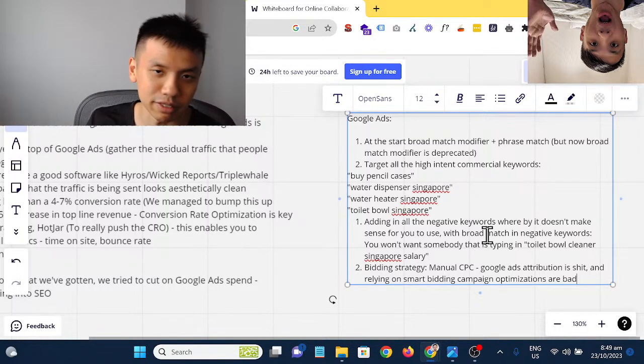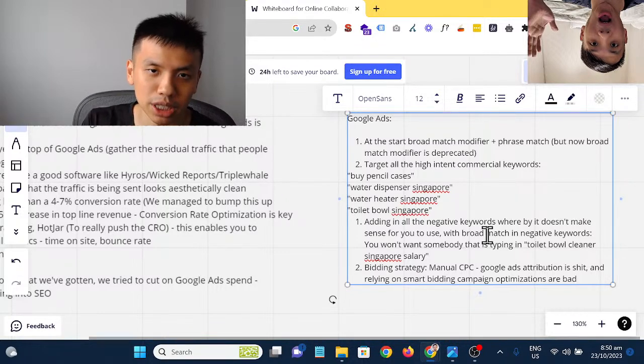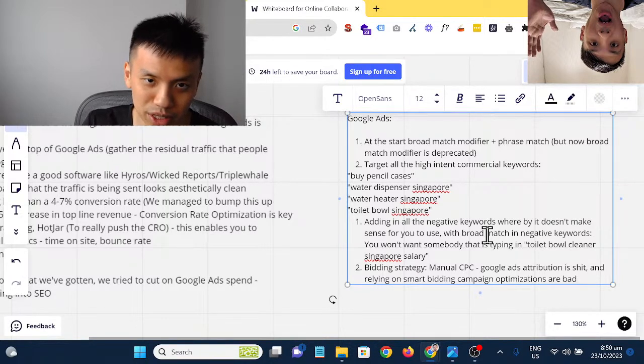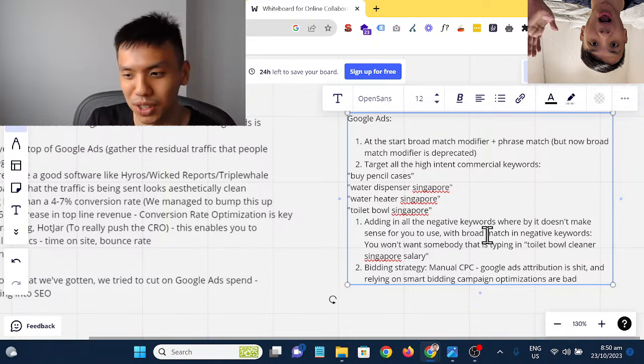But I can tell you, I have tried smart bidding optimizations on these clients' accounts, and it's shit, because at the end of the day, the machine learning is operating on the wrong data set, right? The return on ad spend is not even accurate at all. It's pushing the wrong return on ad spend into the machine learning because the attribution is wrong, and therefore when you're feeding the machine learning the wrong inputs, the outputs are also wrong.